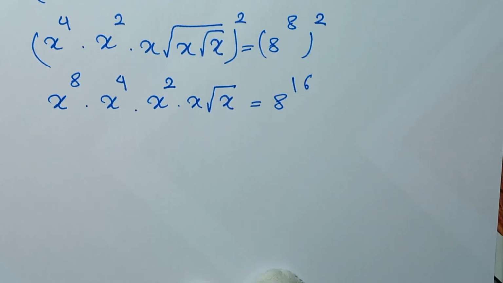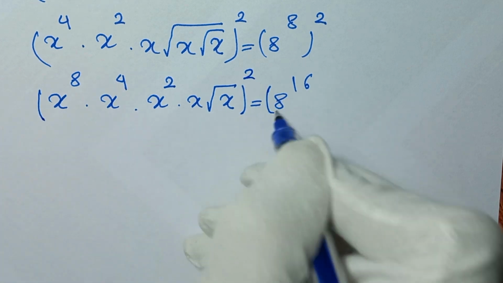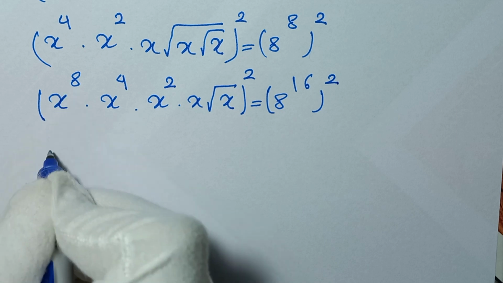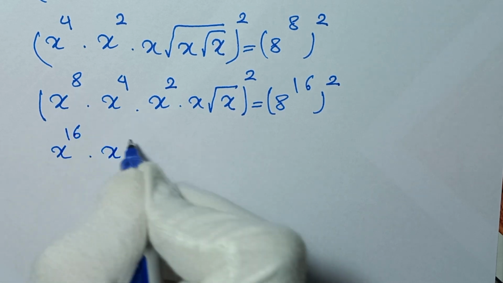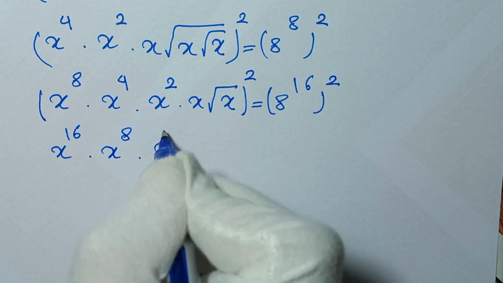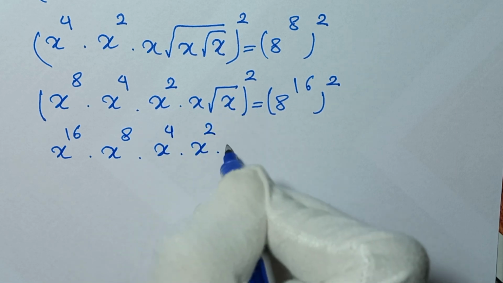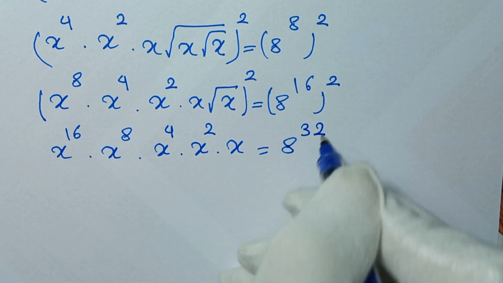And in the next step, we again square both sides of this equation, and it will be x to power of 16 times x to power of 8 times x to power of 4 times x to power of 2, and this to power of 2 will be x, is equal to 8 to power of 32.